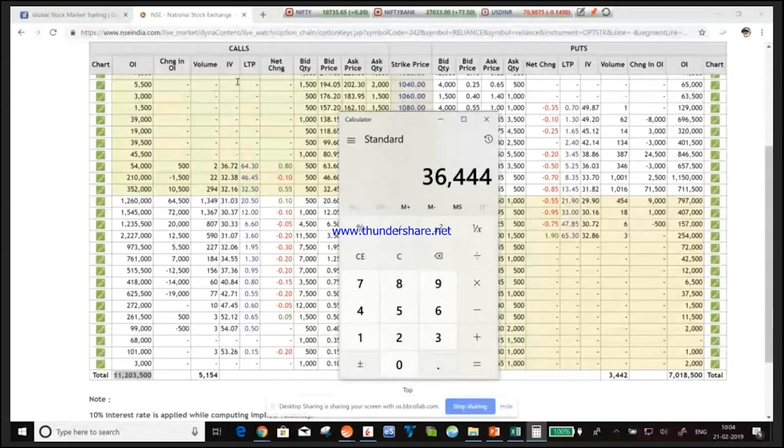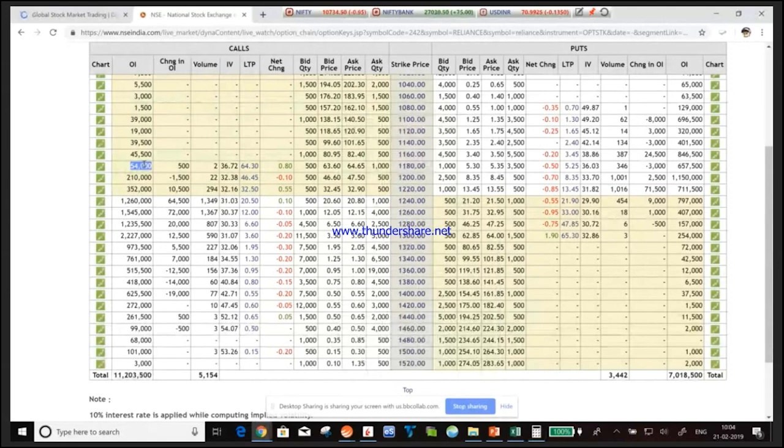Suresh, OI is 5400. What are you writing? I have no idea. Oh, you're talking about this. Yeah, this is the total number of shares in open interest. This is what is the live contract. Some people have bought, some people are holding positions.